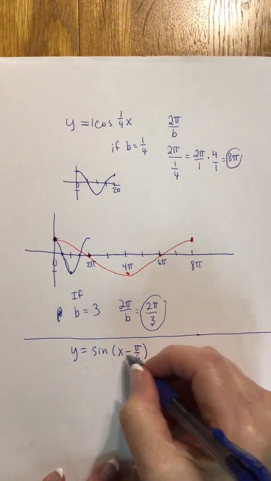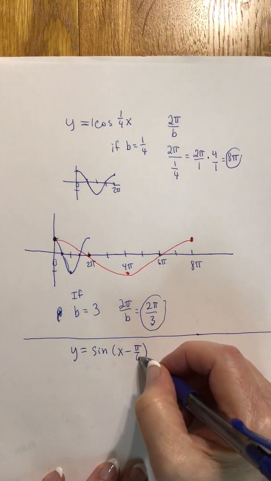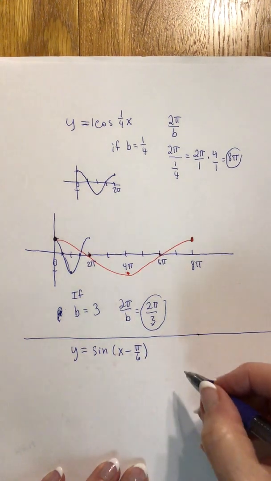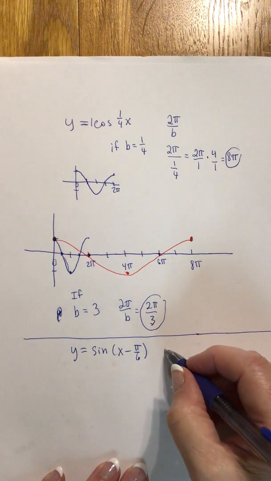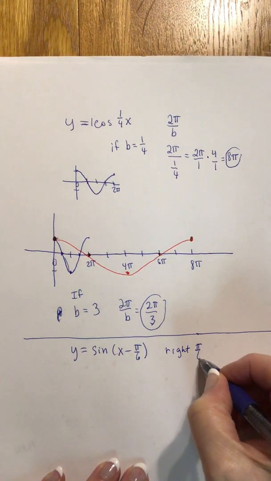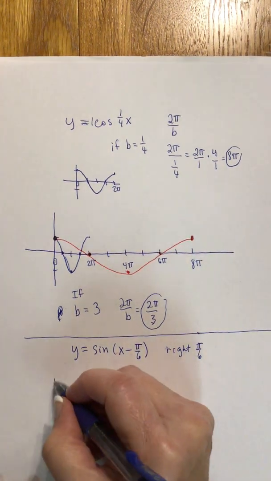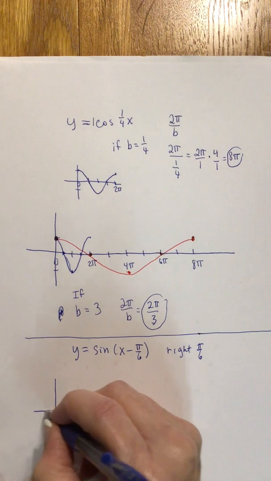Now, you would think negative pi over 6 would move you to the left, but we said that the horizontal part is the opposite of what you'd expect. So really it's going to move me right pi over 6. So I'm going to start my picture at right pi over 6. So we're going to draw our picture.